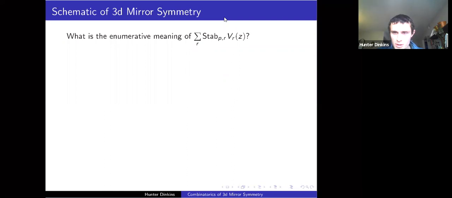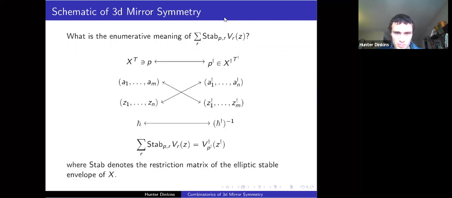And so to tell you the answer, or the conjectured answer about that, I need to tell you about what 3D mirror symmetry is. So in general, what 3D mirror symmetry says is that for a given variety with a certain collection of decorations on it, there exists another variety so that the two varieties' geometry is intertwined in deep but non-trivial ways.